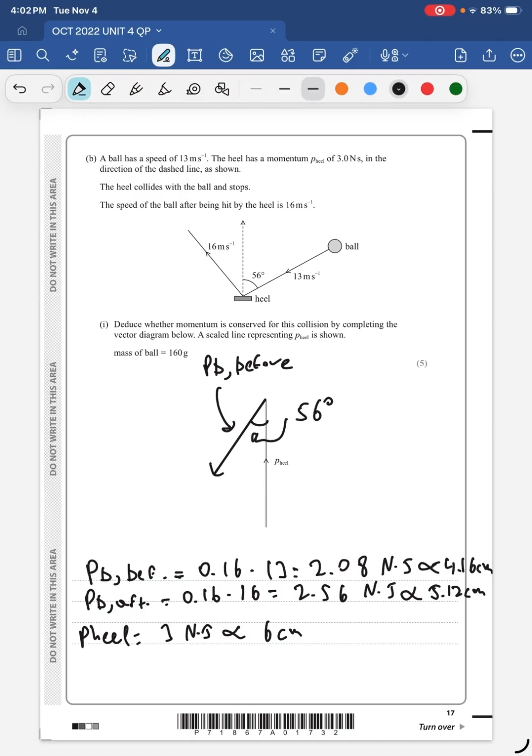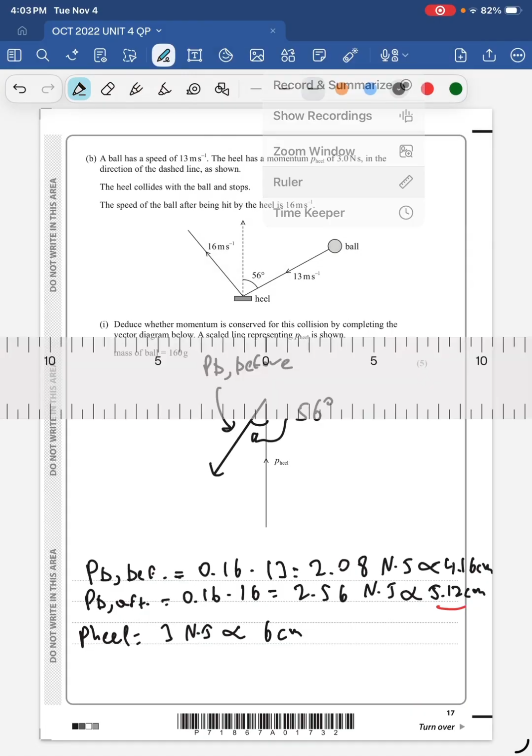Now if you bring back the ruler, this distance over here, let me use a red color. This is the momentum after, so the length of this vector should be 5.12 if everything works, if momentum is conserved. So let's bring up the ruler and see if that's true.